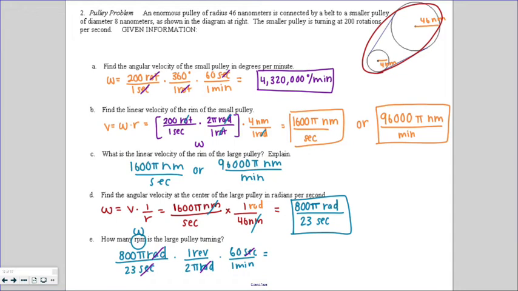The pi's go away, 400 times 60, is that 24,000 over 23. Somebody with a calculator, tell me if you got the same thing. Yeah, thank you.